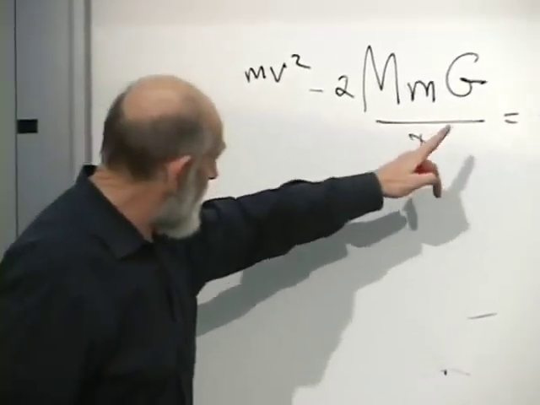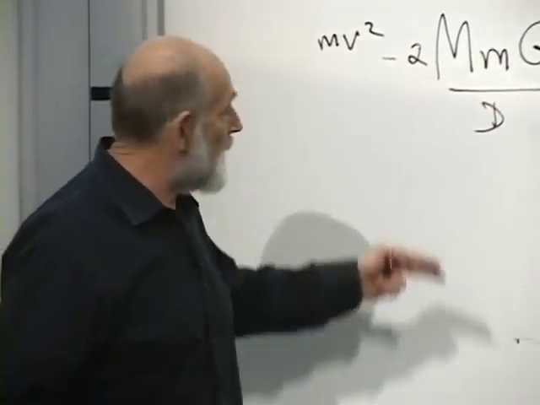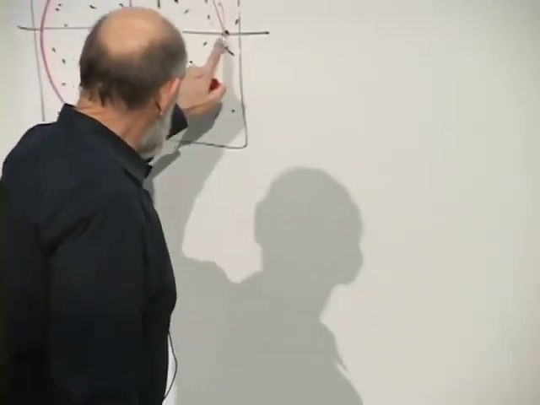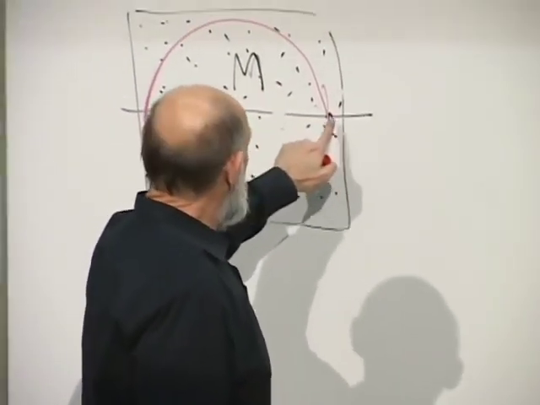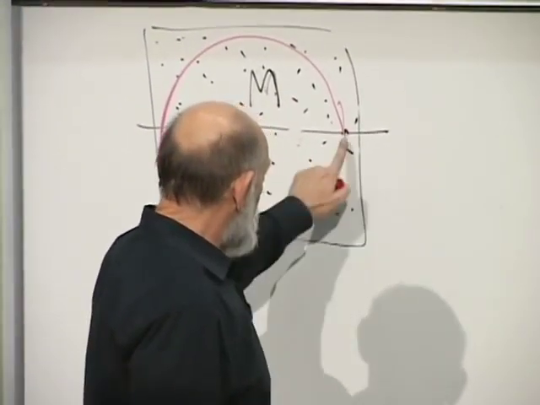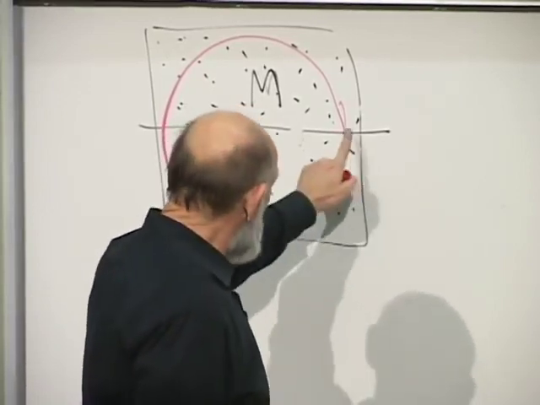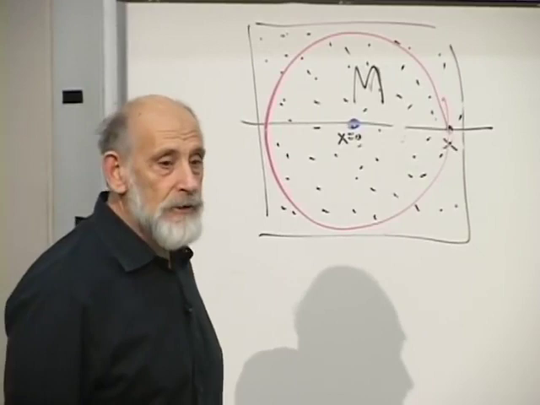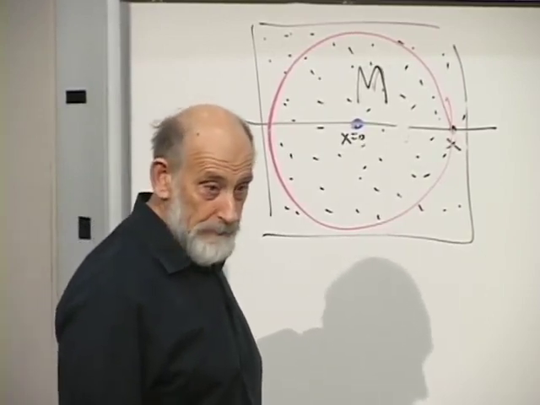So the way I've written it here with the 2 is exactly the same equation that I wrote before. Okay. All we have to do to implement this equation is to try to figure out what the velocity of this particle at point x is. And here is where the Hubble law comes in.